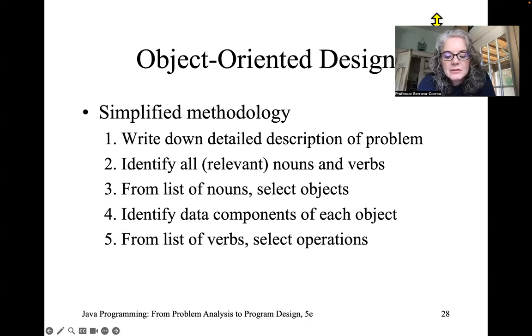From the list of the nouns, we're going to select the objects. We're going to identify the data components of each object. So it could be that we just have one object or we have multiple objects. We're going to see what kind of data those objects need. And then we're going to list the verbs, and these are going to be our operations.